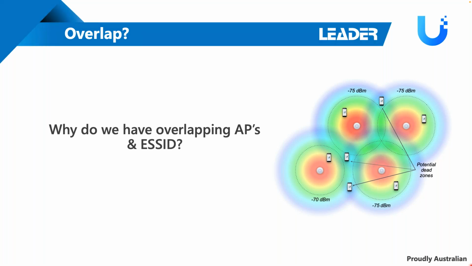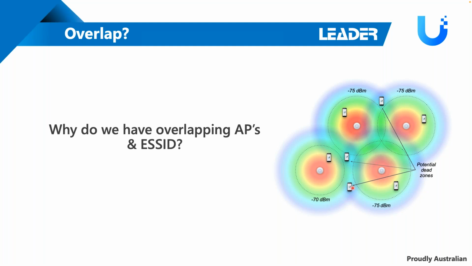But overlap is primarily done for roaming purposes. So let's say I had a cell phone that was only connected on the Wi-Fi. It was making a VoIP call. As the cell phone traverses through this environment, it would dynamically pick which access point to negotiate to or to connect to based on its signal strength, so that RSSI value again.